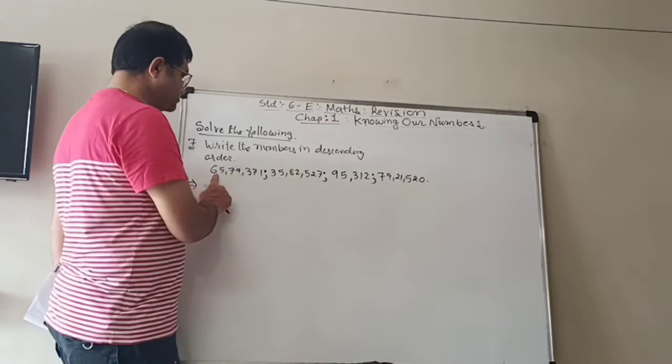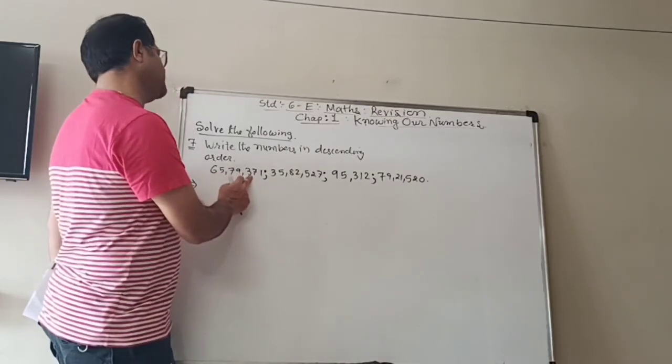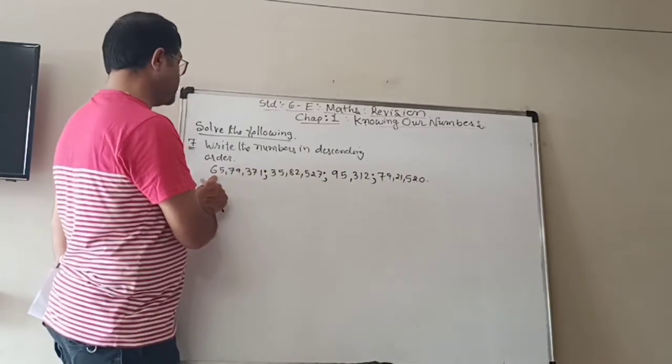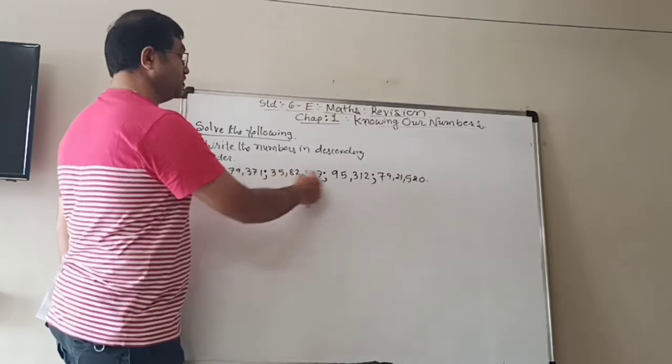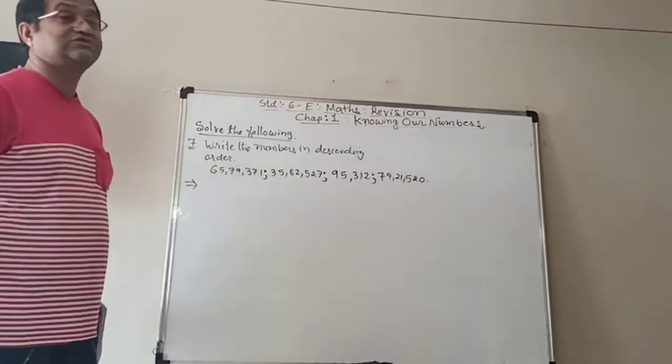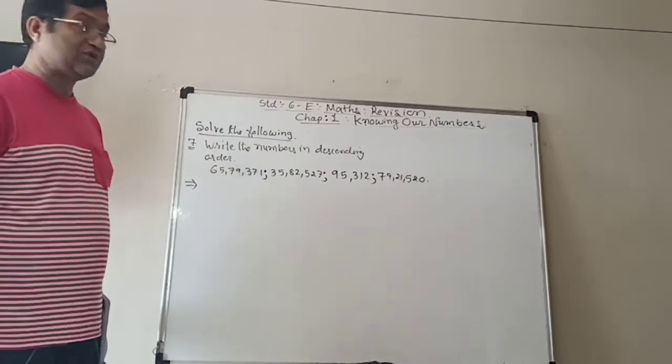So here you can see that 6 here, here it is 9, 6, here 3 and here 7. So which is the largest? Obviously 7.